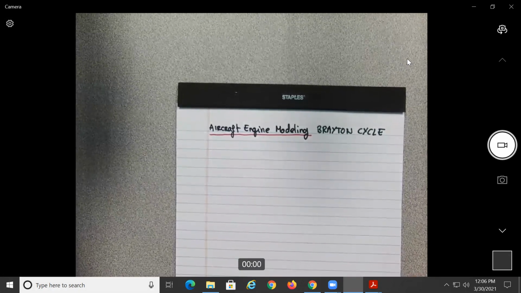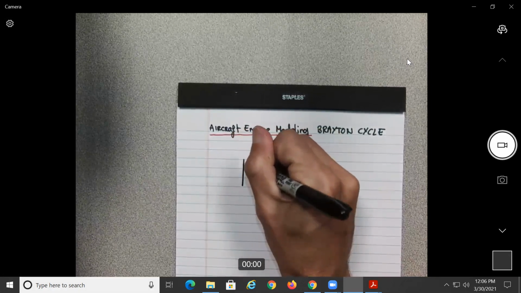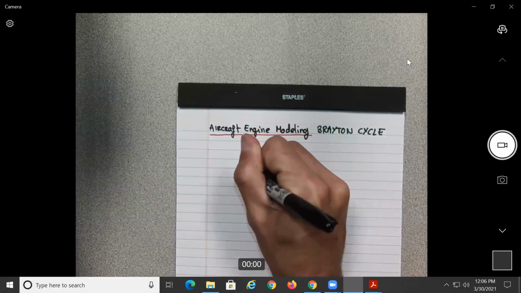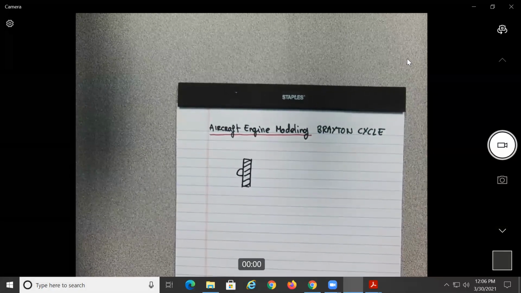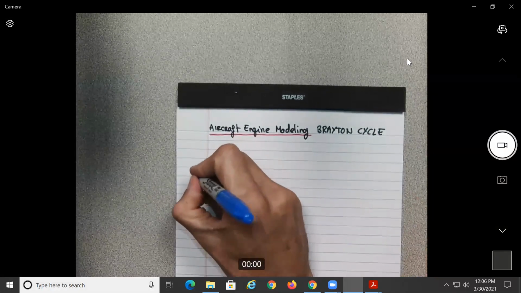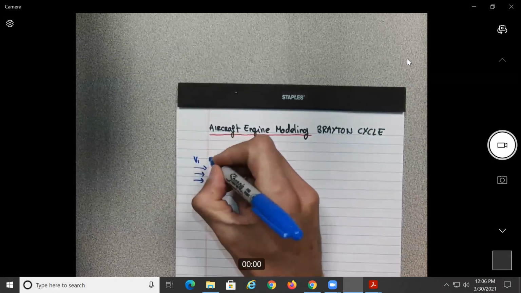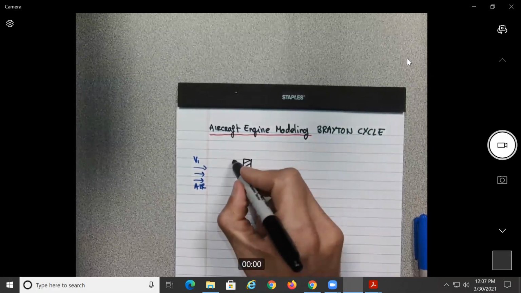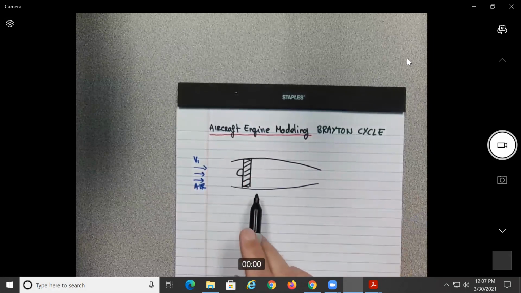So what is the general shape of an engine? We already talked about it. The first part would be the compressor, whose function is to compress the incoming air, no? So you have air coming here with a certain velocity, at a certain pressure.